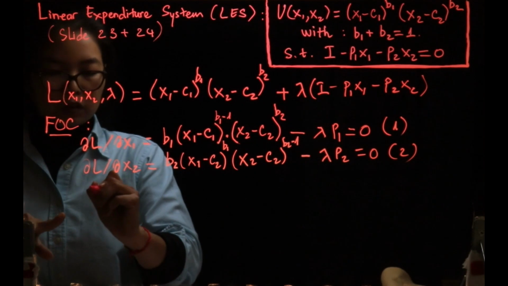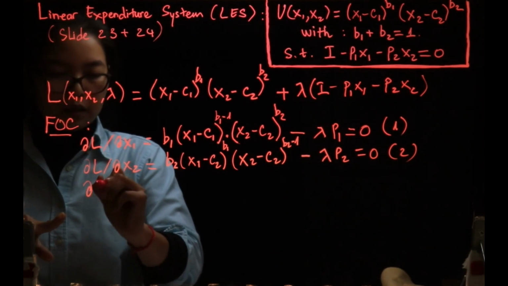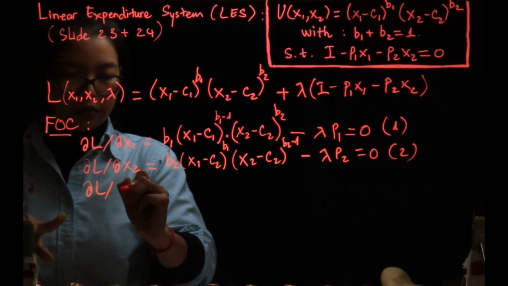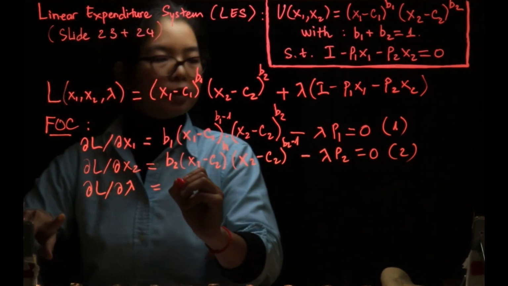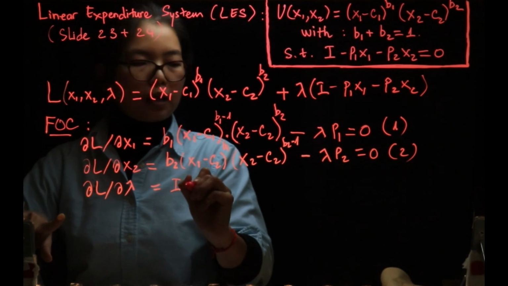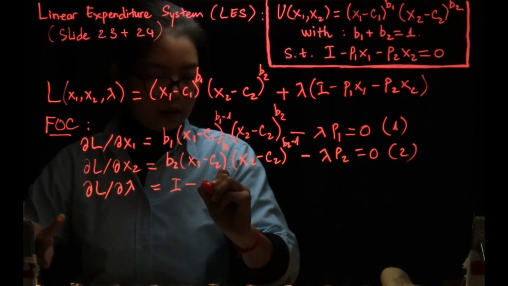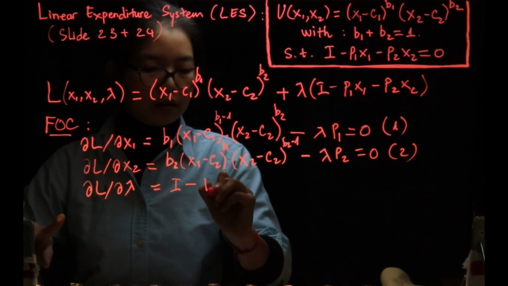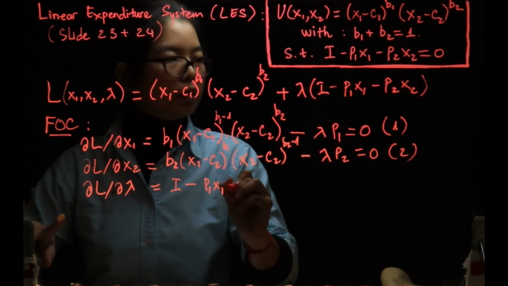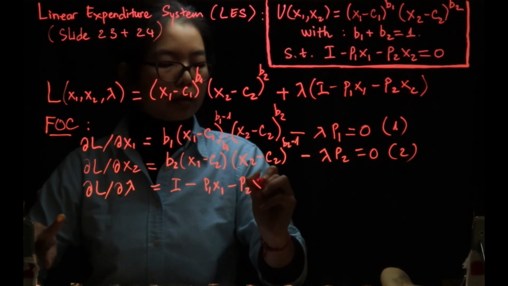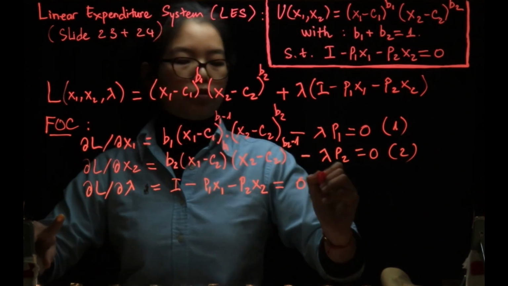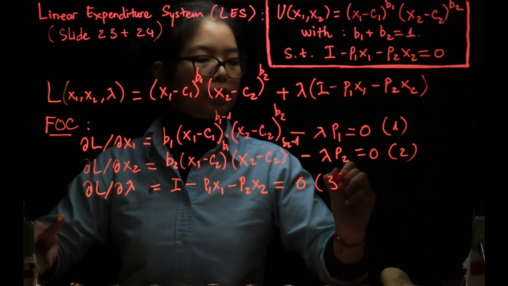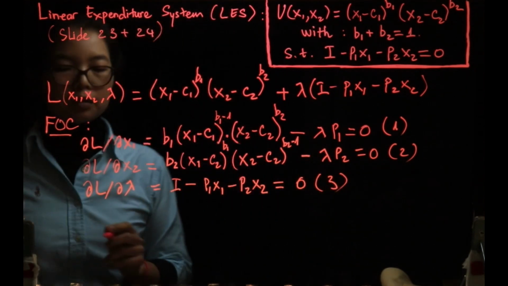The last one has to do with the constraint, so with respect to lambda, which is I minus p1 x1 minus p2 x2 equals 0, right?